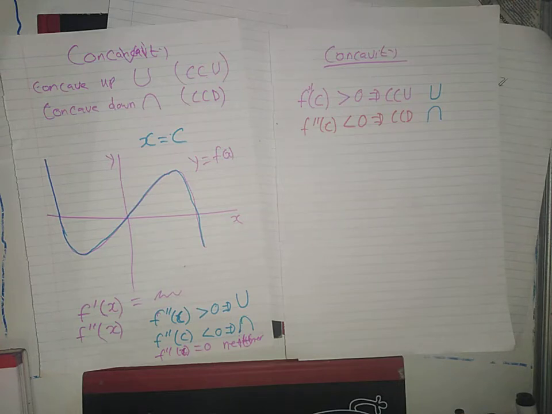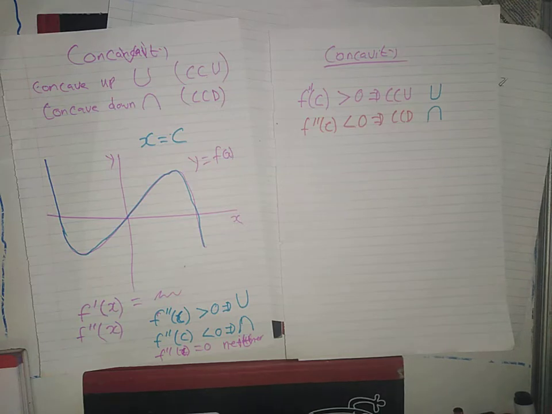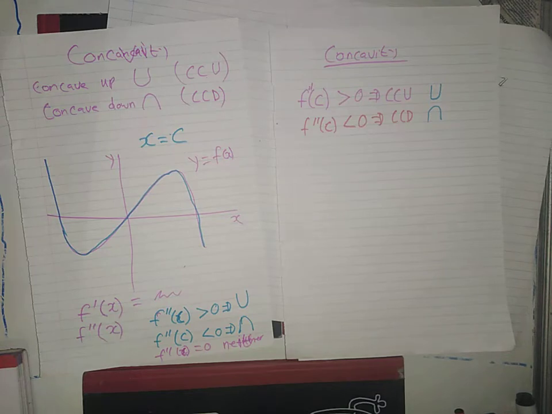I'm saying something simple: if f prime prime at c is greater than 0, then at point c you've got concave up, and if f prime prime at c is less than 0, then you've got concave down, which is something that looks like this.